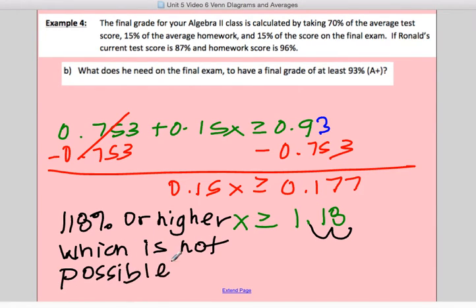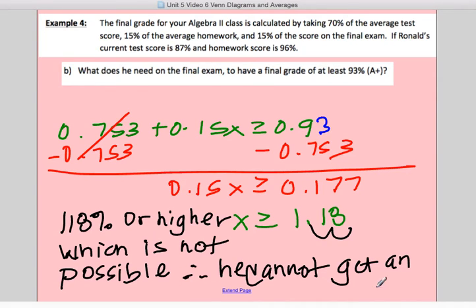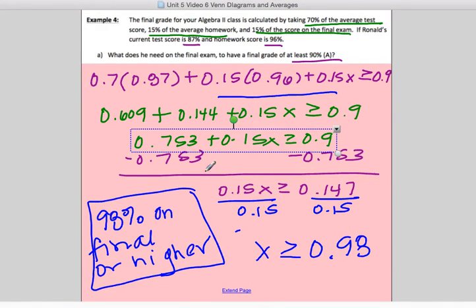So therefore, this is the math symbol for therefore, he cannot get an A+. He can get an A, but it's going to be hard. He has to get a 98. So clearly it's going to be hard for him to get a 93% if he has to get a 98 just to get an A.